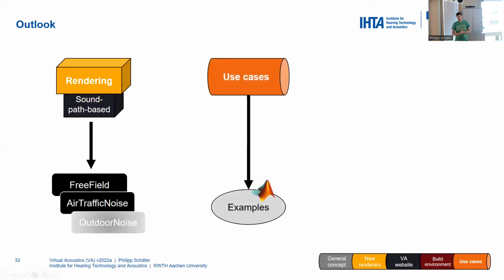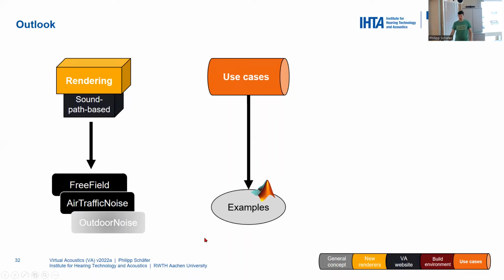And then I already showed you a lot of use cases. However, currently there are not so many examples which you can easily run on your computer to know how to configure and control VA to actually apply it to such use cases. So that's also planned.